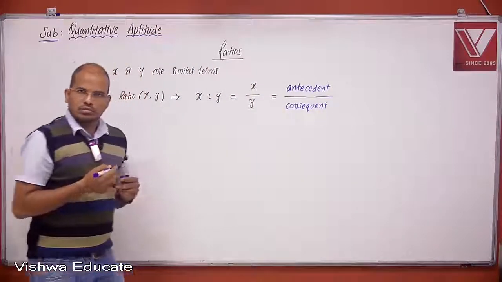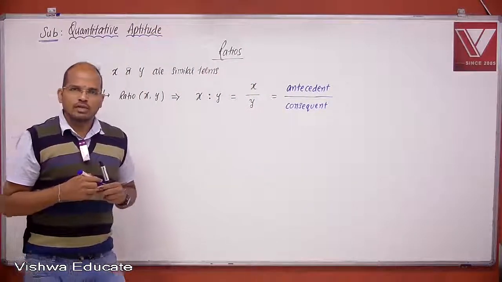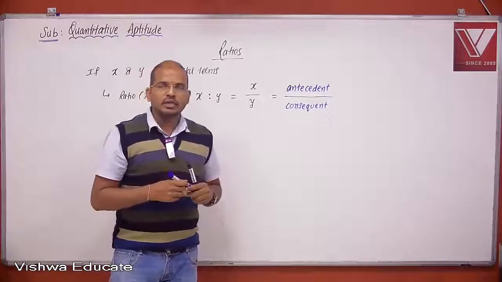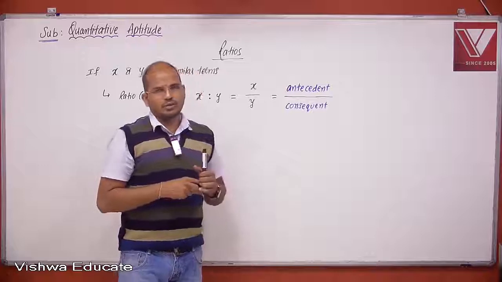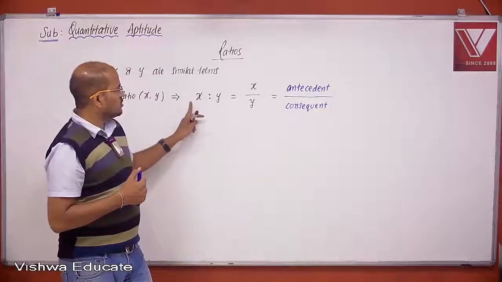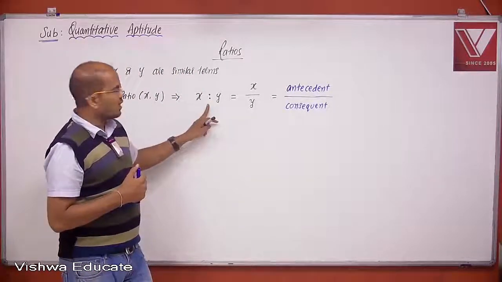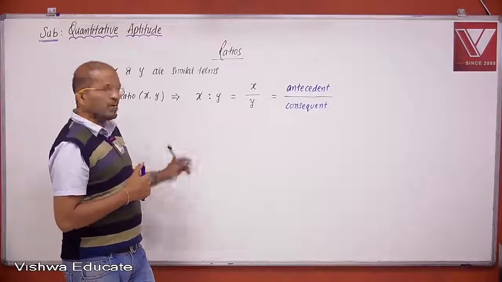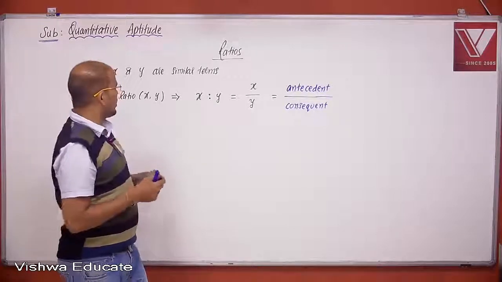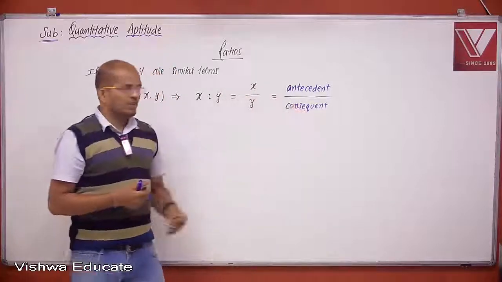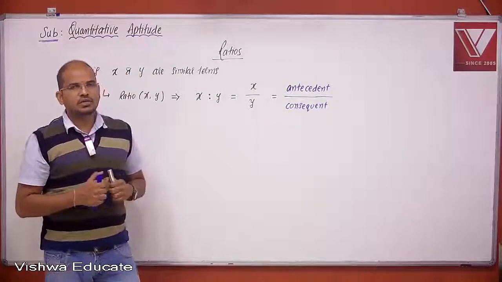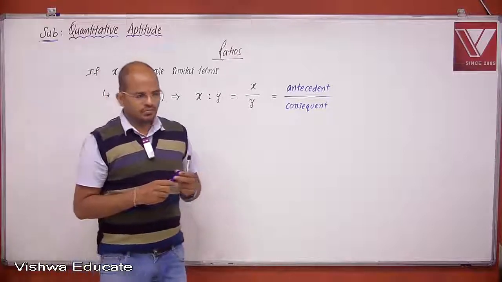Of course, I accept x is called the numerator and y the denominator, but the keywords are antecedent and consequent. So if x and y are two terms, then the ratio of x y is x is to y or x over y, where x is called the antecedent and y is called the consequent.